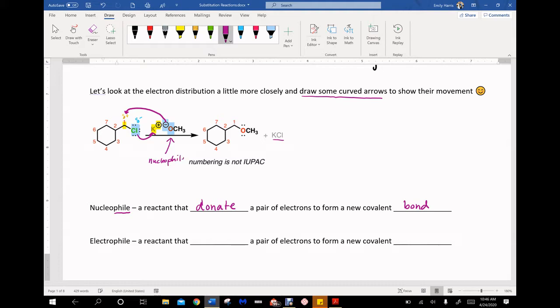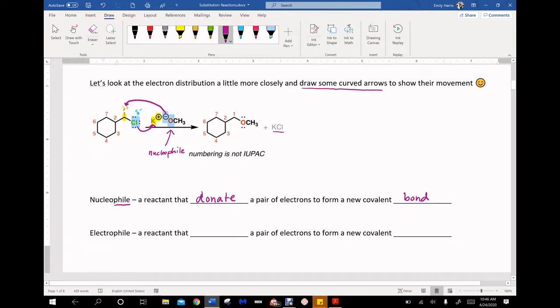It has a negative charge, and it's going to interact with a positive charge by donating its electrons to form a new covalent bond. On the other hand, an electrophile is a reactant that accepts a pair of electrons, with the same result, forming a new covalent bond. So this carbon right here could be called the electrophile. It's partially positively charged, so it loves electrons.